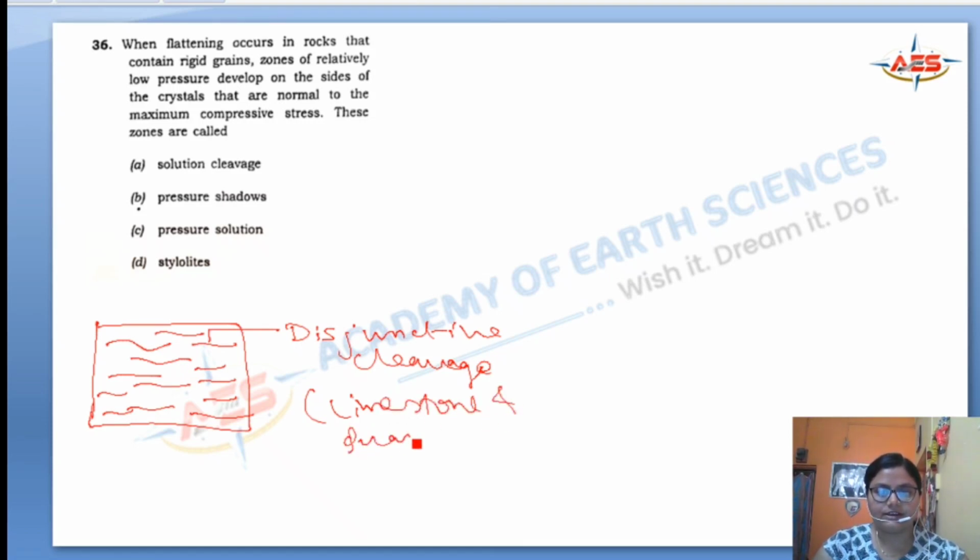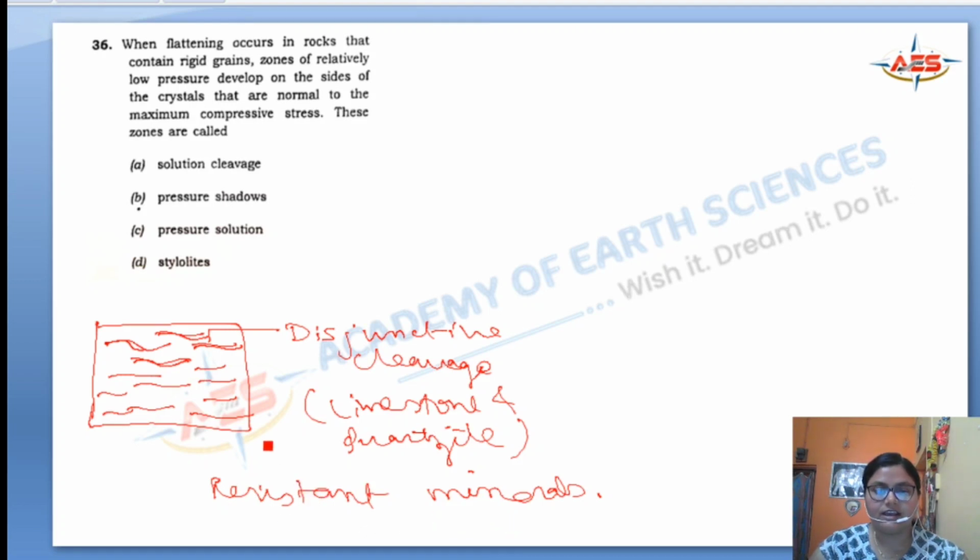Due to pressure solution, these disjunctive cleavages develop in rocks that mainly consist of resistant minerals. These minerals do not break up easily, they are resistant in nature, and these rocks generally show disjunctive cleavage. They are known as solution cleavage.